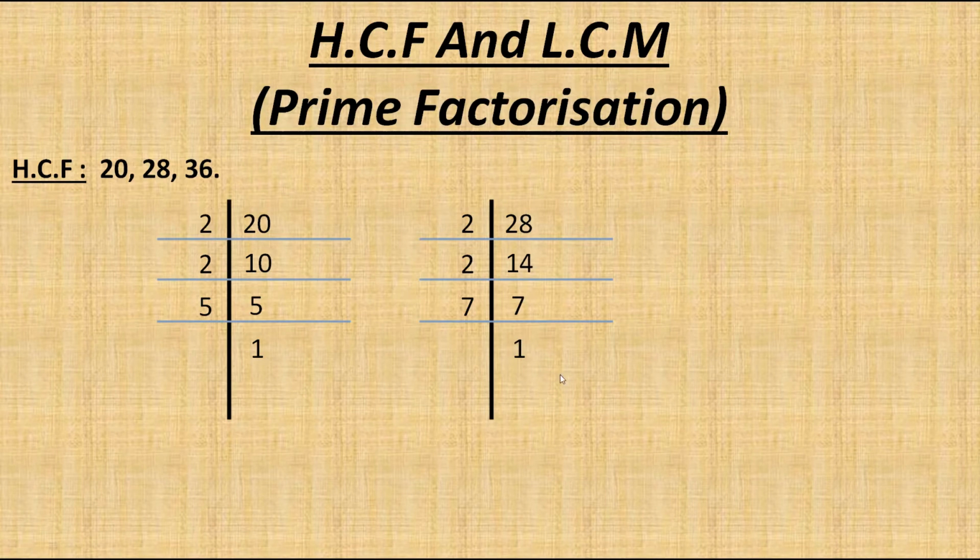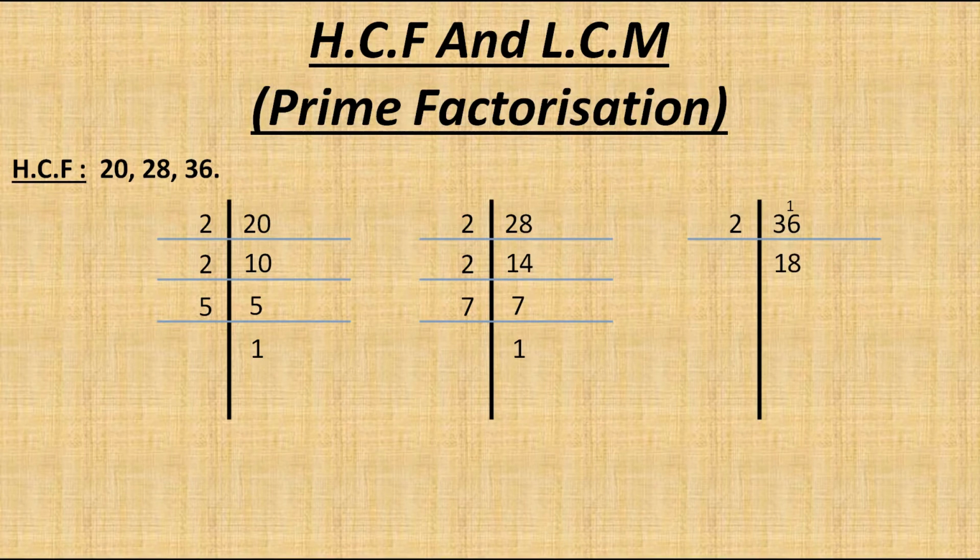Now let's take the number 36. 36 is also an even number, so let's divide it by 2. 2 ones are 2. When we subtract 2 from 3, we get remainder 1. That 1 we write in front of the 6, the next number, then it becomes 16, right? And we know that 2 eights are 16.